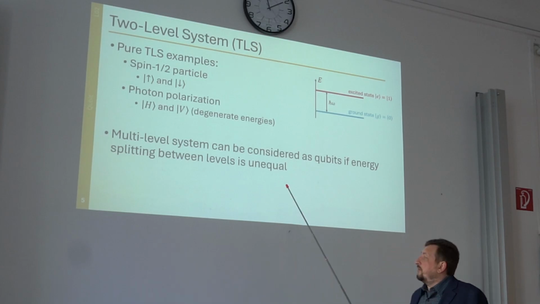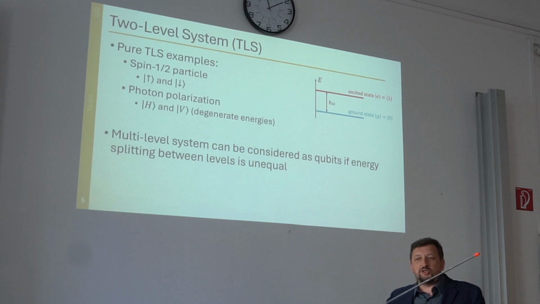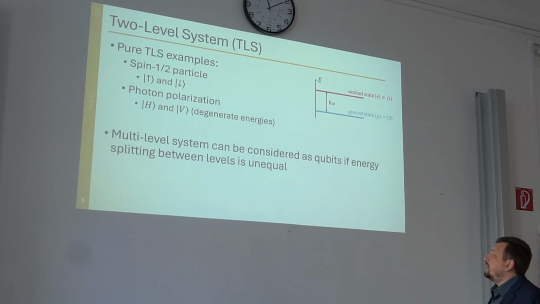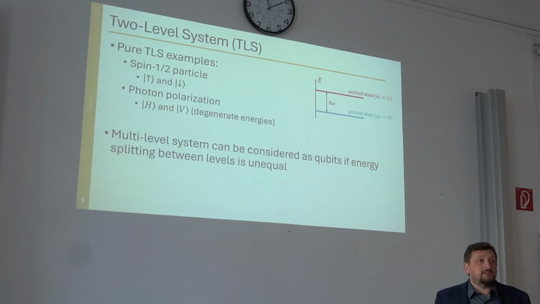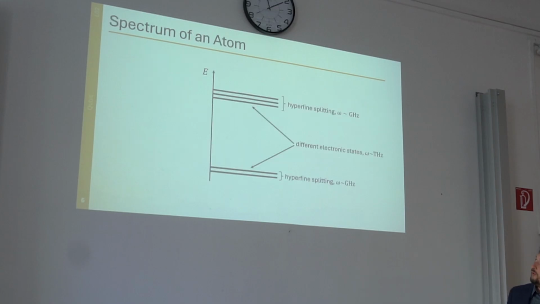But real multi-level systems that have many energy levels, many quantum states, sometimes can be considered as a two-level system if the energy separation between levels is different. For example, here I show schematically a typical spectrum of an atom.